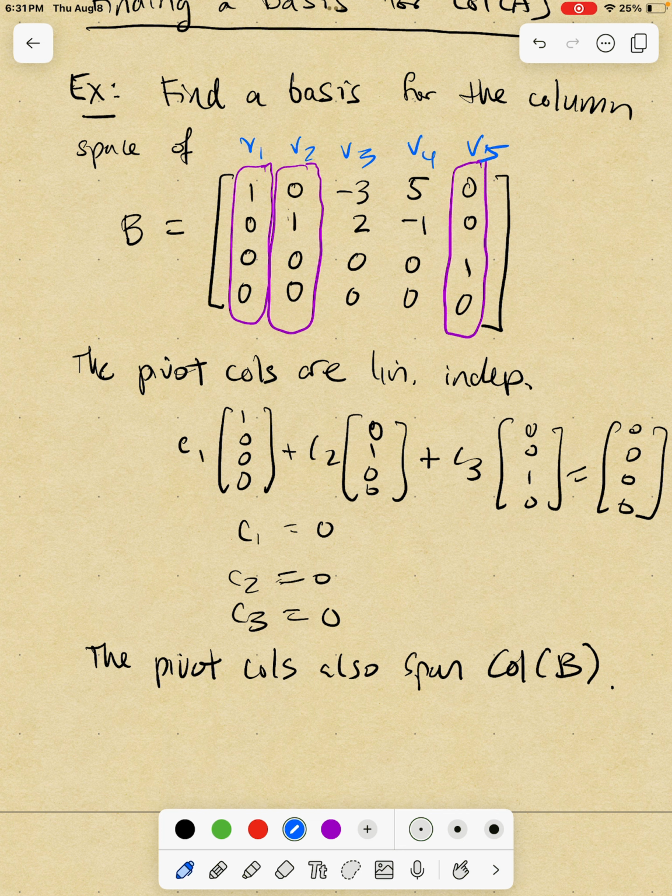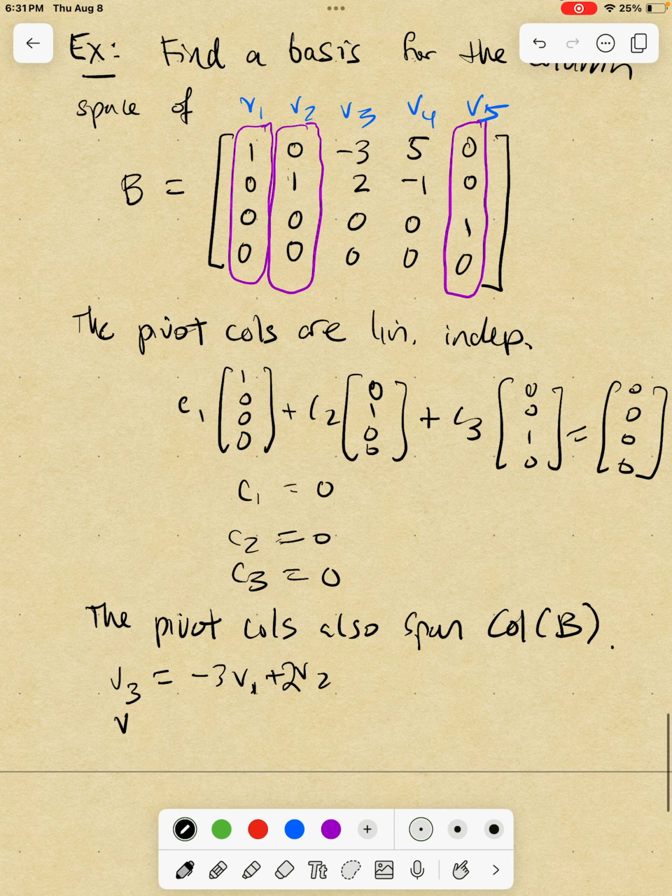We can actually see how to write V3 and V4 as linear combinations of V1, V2, and V5, because V3 is just negative 3V1 plus 2V2, and V4 is 5V1 minus V2.